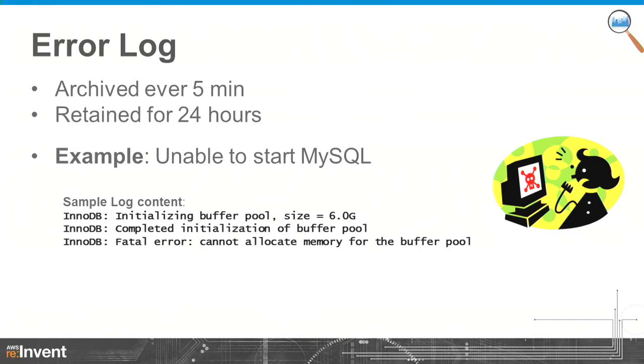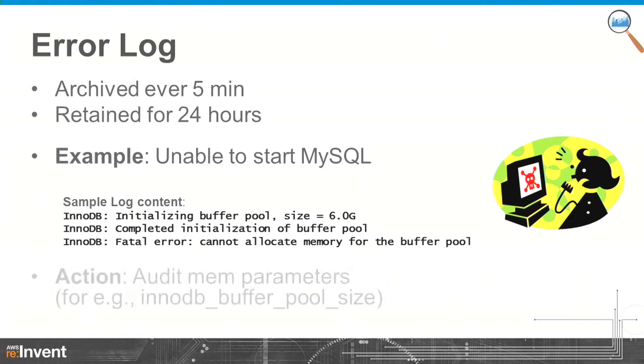And one example of log content could be MySQL is unable to allocate memory for the buffer pool. And this is something that could be because your memory parameters are not set right. There are cases where we have seen folks setting InnoDB buffer pool size to a value a lot higher than the actual available memory in the instance. When that happens, MySQL won't be able to allocate the memory and runs into errors.